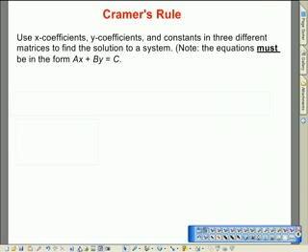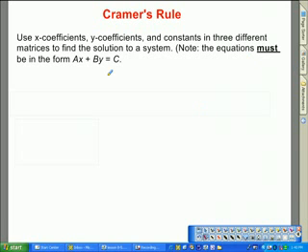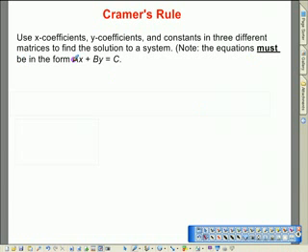The important part about Cramer's rule, and what I really need to emphasize, is that the equations must be in the form ax plus by equals c. So it has to be in standard form. If it is not in standard form, you will not be able to do it.